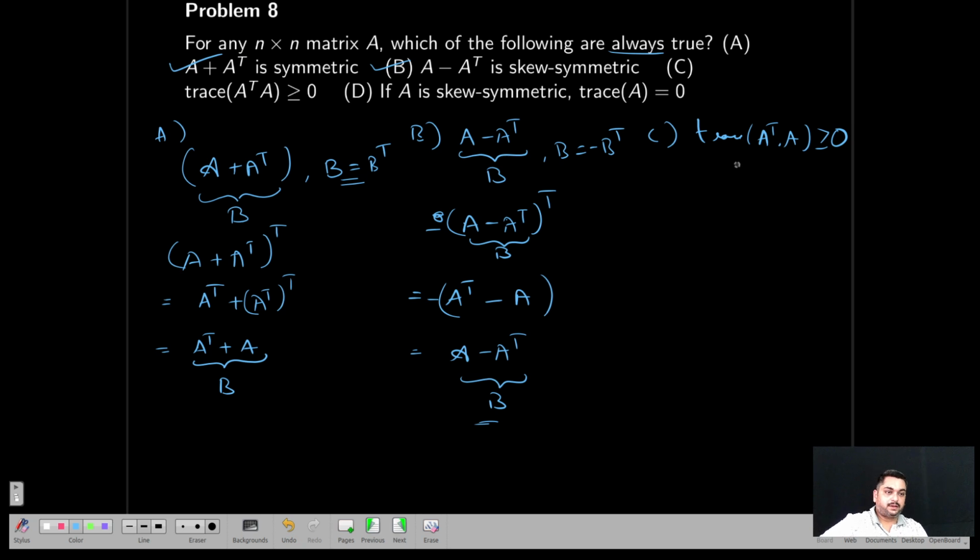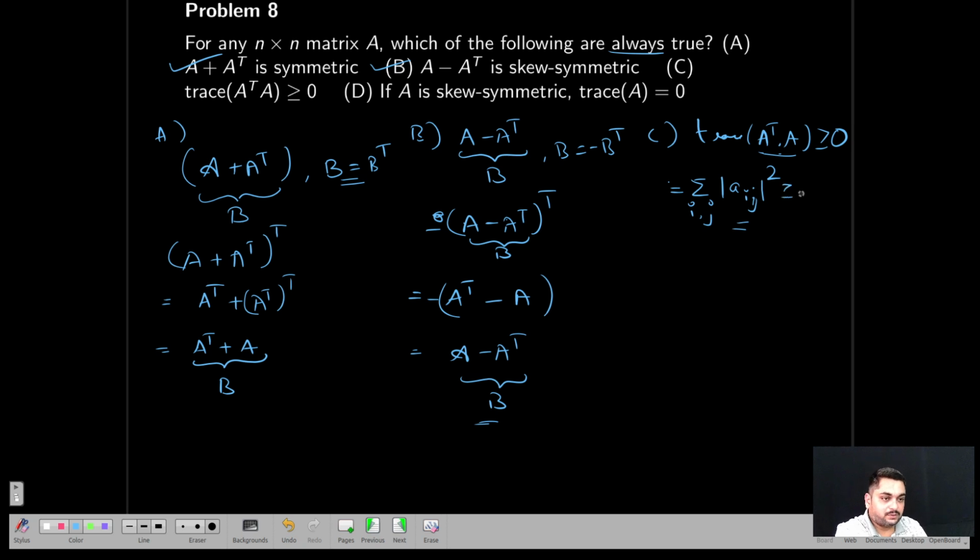Trace of A transpose into A is equal to the summation over i, j of A_ij square. So the trace of A transpose into A will give you the sum of squares of all the elements A_ij in a given matrix. If you multiply, you can take an example and find it, you will always get this.